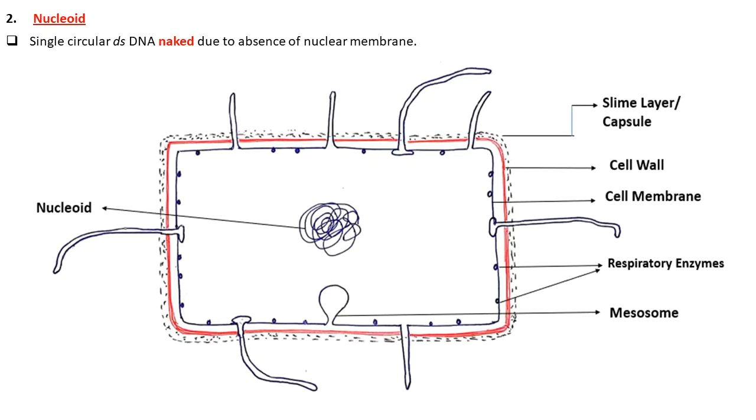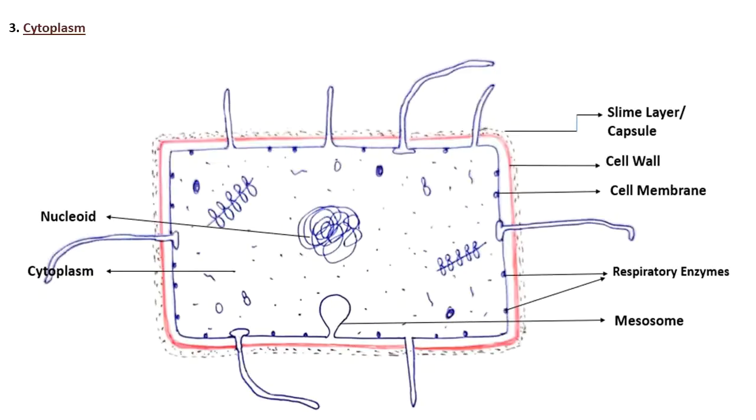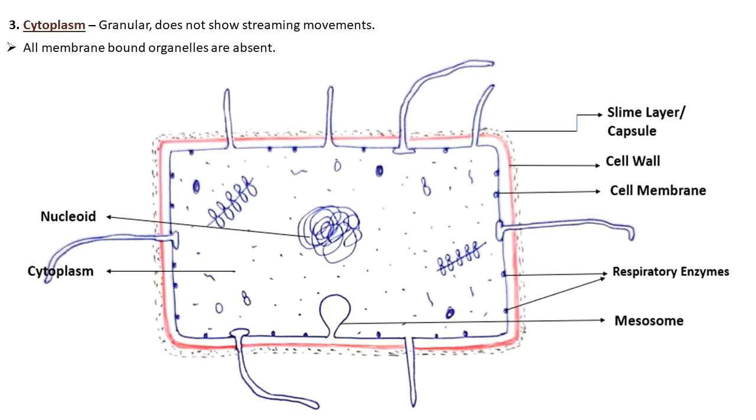Definitely very important in the typical cell to be drawn are the dots, where dots represent the cytoplasm. For the dots, the term we use here is granular cytoplasm. But a typical prokaryote cell does not show a streaming movement. Its cytoplasm does not show streaming movements. And in a prokaryote cell, all the membrane-bound organelles are absent.